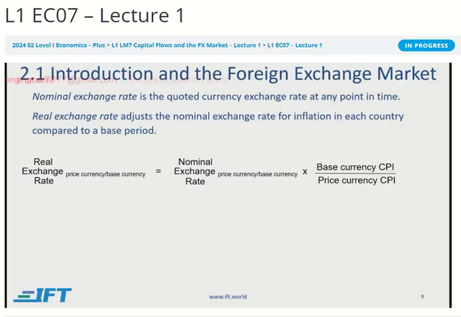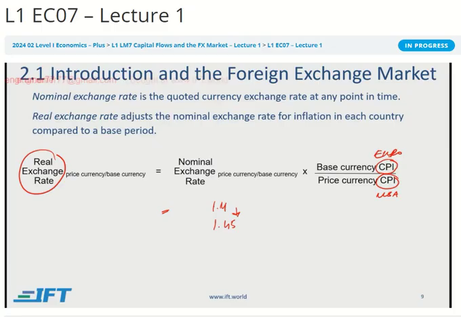So let's say the euro is going from 1.4 to 1.45. So there is a certain change, right? But at the same time, the inflation in the Eurozone is also changing, and the inflation in the USA is also changing. So if we want to know the impact on the real exchange rate.